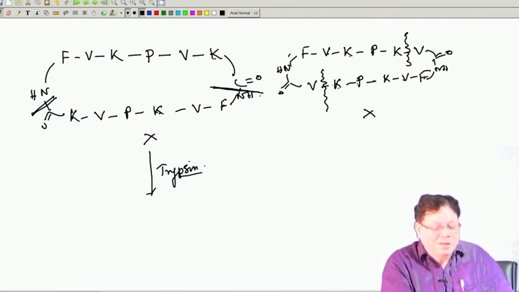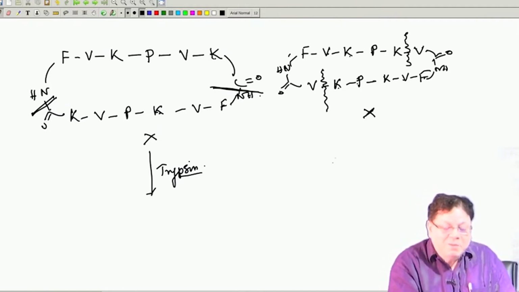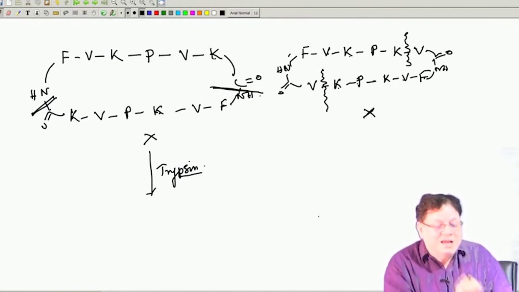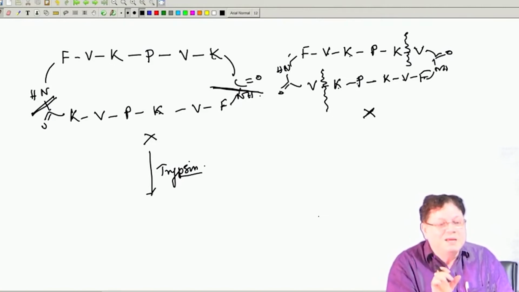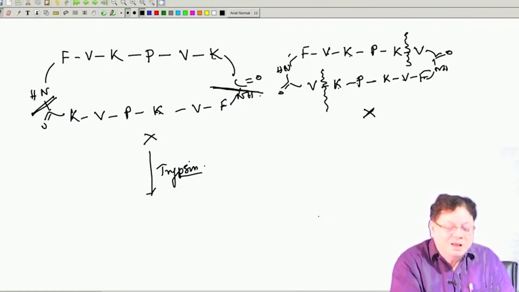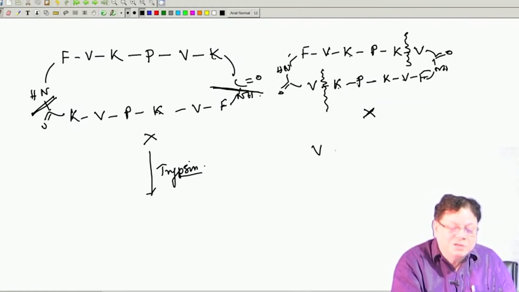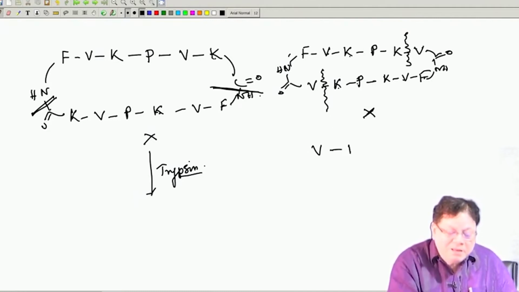But where is the difference? Because our results say that the first three amino acids are F, B, K, but in this case the amino acids that will come out will be B, then F, then V, then K, then P, then K.